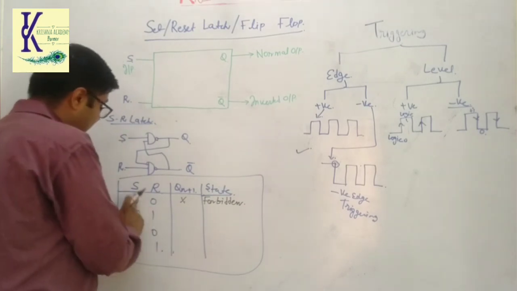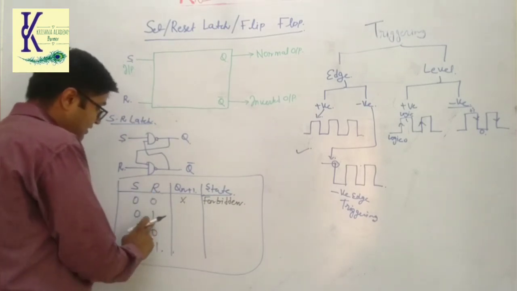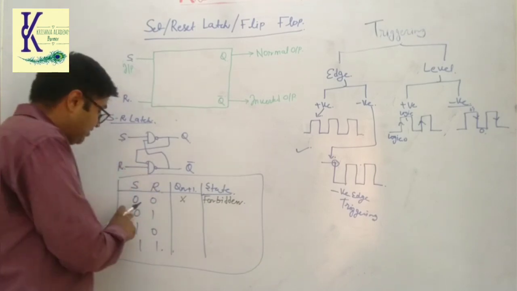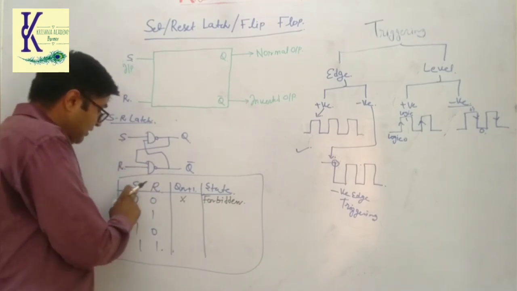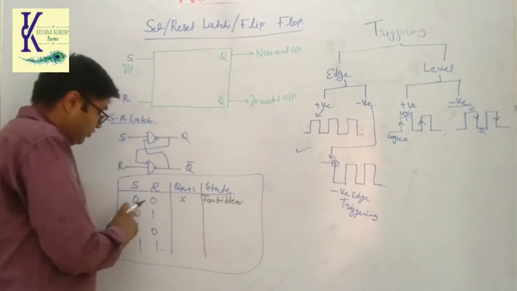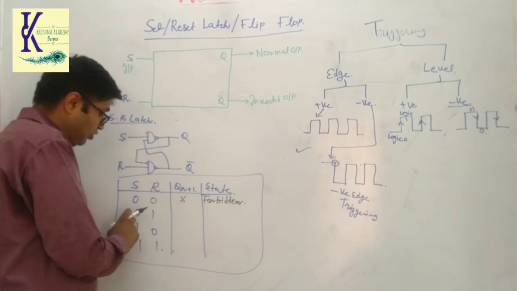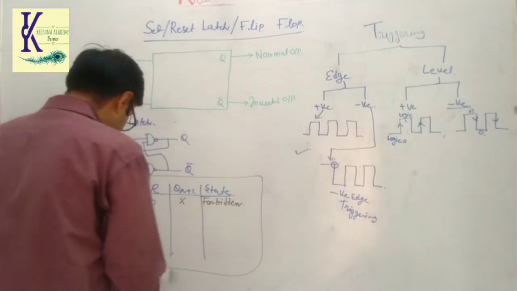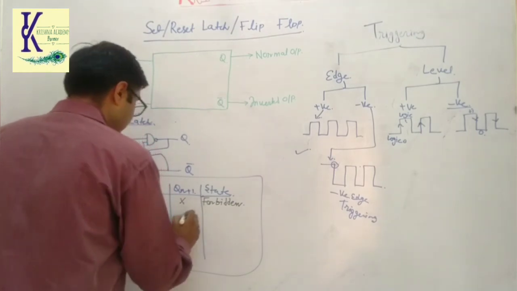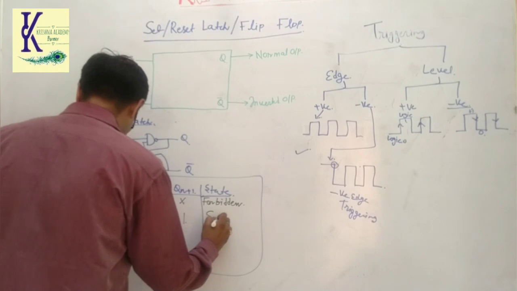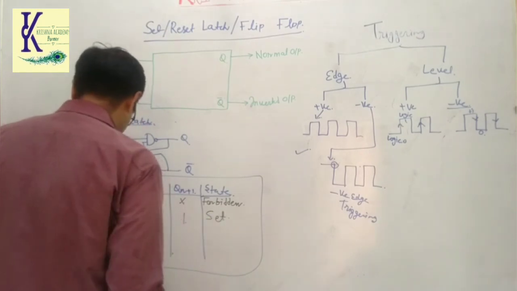Now the second one is set is 0, reset is 1. As we have understood, in the set condition, set should be high and reset should be low. But in this condition, set is 0 and reset is 1. Now this output is 1 and this is called set.